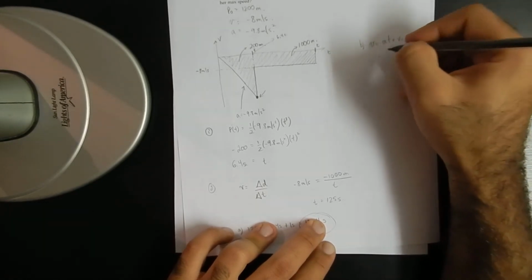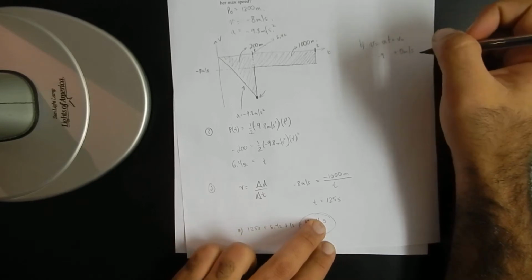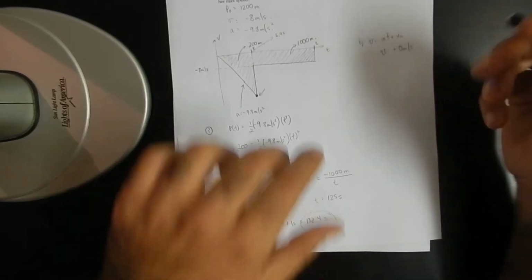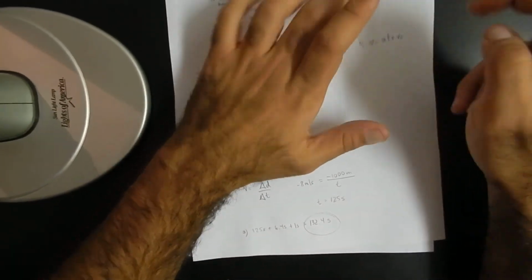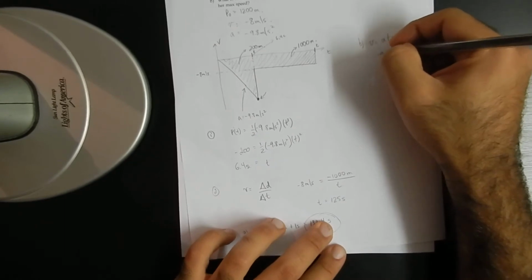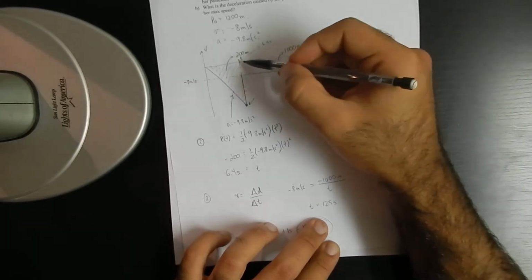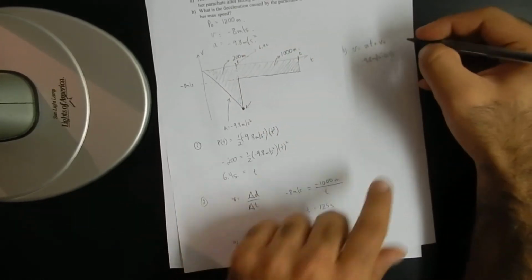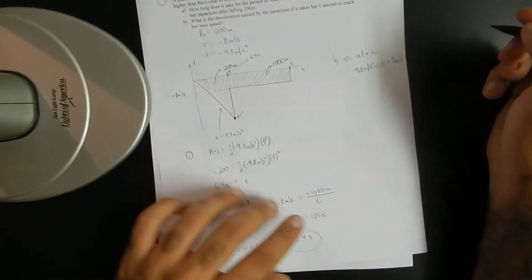Acceleration is negative 9.8. Oh, I have no room here, so I'm just going to erase this. So it's negative 9.8 meters per second squared times time, and we know this time is 6.4 seconds, plus the original velocity, which is 0 meters per second.